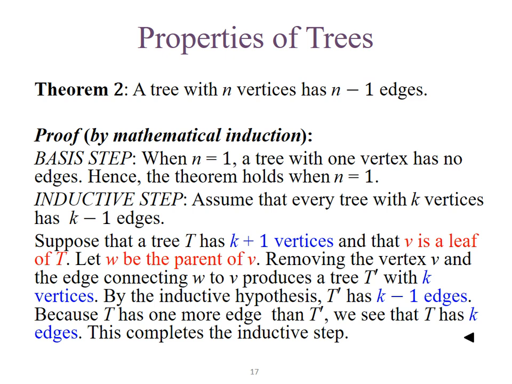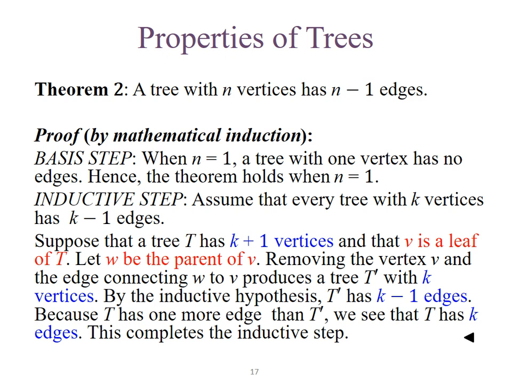Remember, we need to apply the inductive hypothesis and assume the truth of P(k) to infer that P(k plus 1) is true. So now if we have a tree, we assume k vertices and k minus 1 edges.